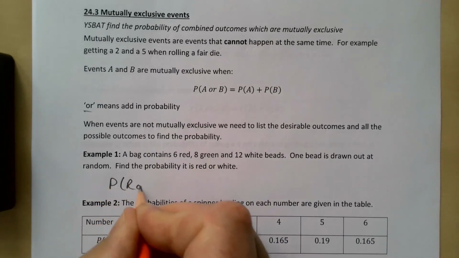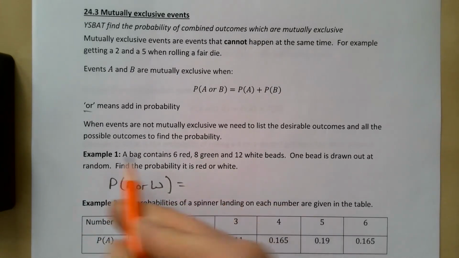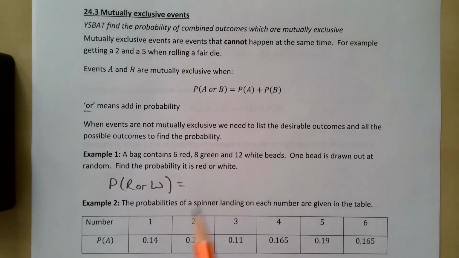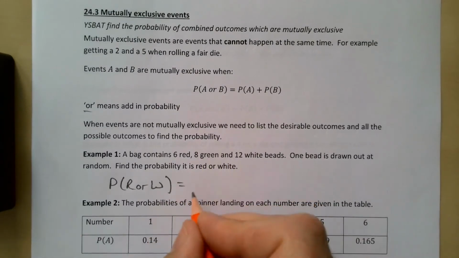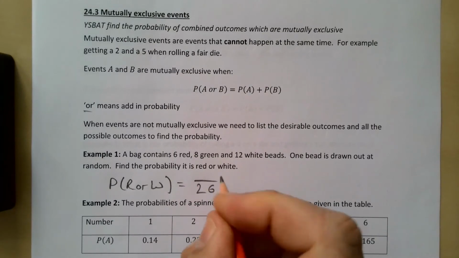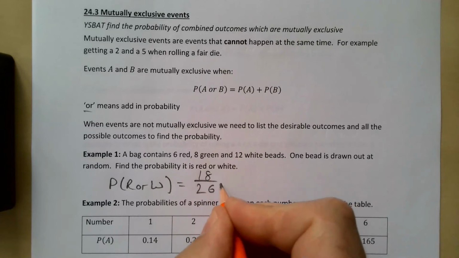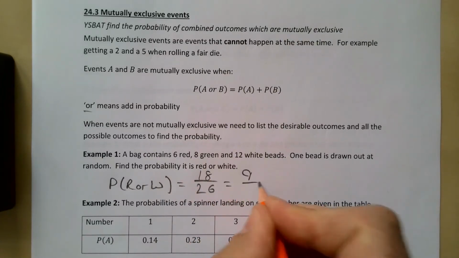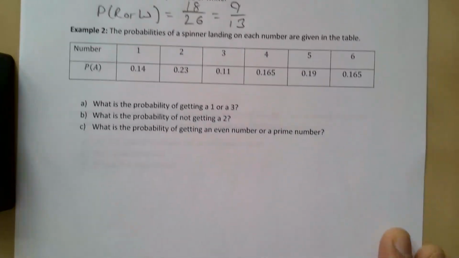Again nice and straightforward, because they can't happen together, we can just add the probabilities. So 8 plus 12 gives me 20, plus 6, there are 26 different outcomes, and red or white is going to be 18 over 26. This gives me a probability of 9 over 13.